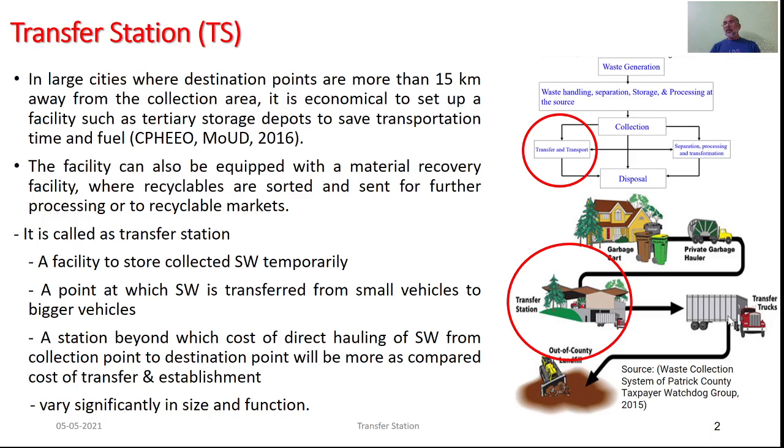In turn, this vehicle will lead to the various destination points, which could be a disposal station or processing station.